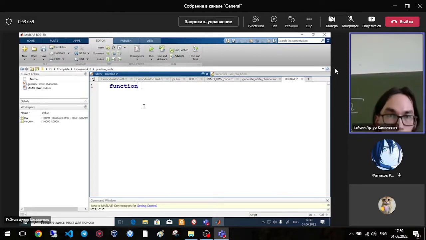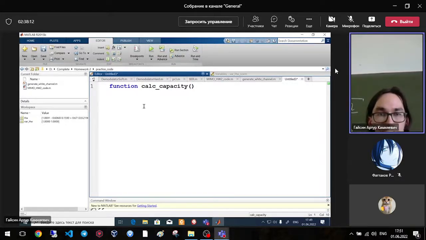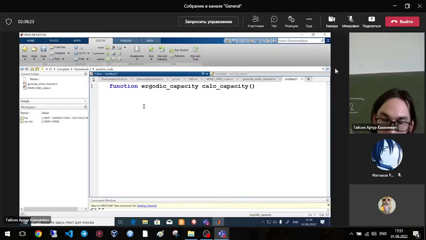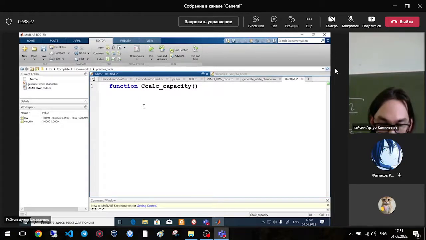So let's write function calculate capacity. Here, what we get, let's call it C ergodic.